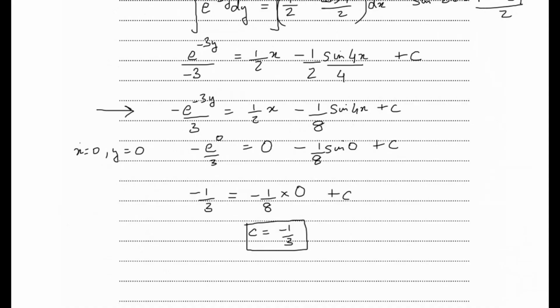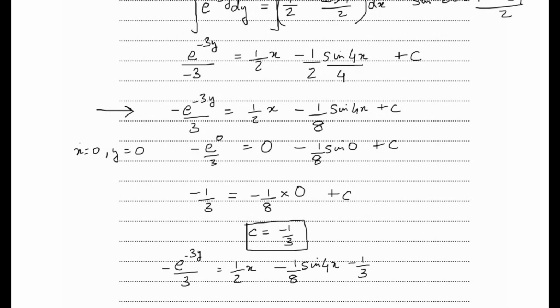I'm going to replace c is equal to negative 1 by 3. So a negative e to the power of negative 3y by 3 is equal to half of x minus 1 by 8 sine 4x minus 1 by 3.